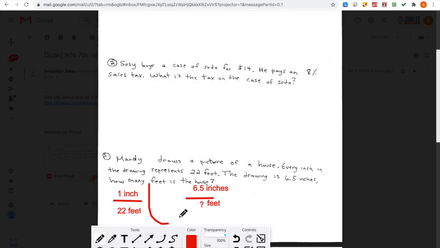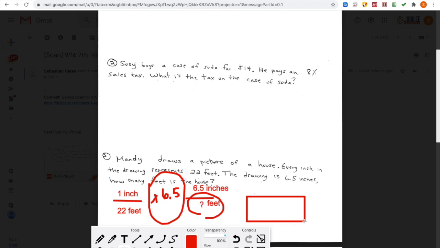So I know my proportionality is going to be times 6.5 because that is how I can get from 1 to 6.5. So I'm going to have to do the same thing for the bottom half, for the feet. I'm going to have to multiply 22 times 6.5, and I'll be able to find out how many feet that picture is. So I'm going to go ahead and do the box.